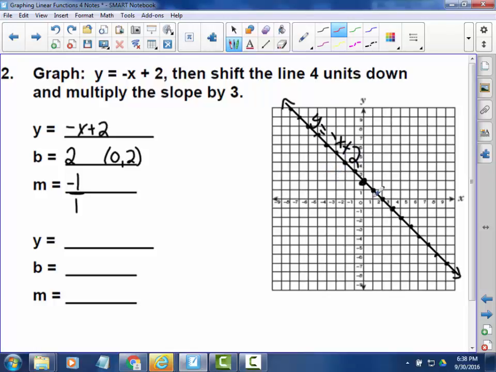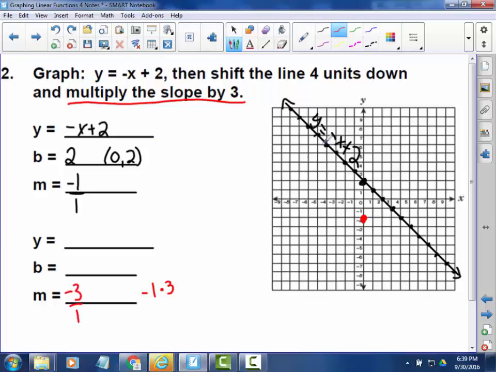And 4 units down, so that's 1, 2, 3, 4 units down. I'm moving the whole line, but I'm also changing the slope. So multiplying the slope by 3, the original slope was negative 1, so negative 1 times 3 is negative 3 slope.